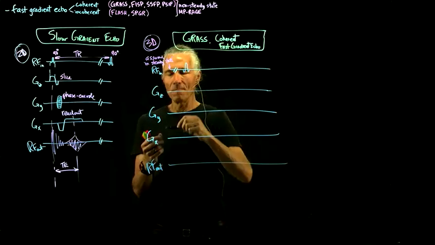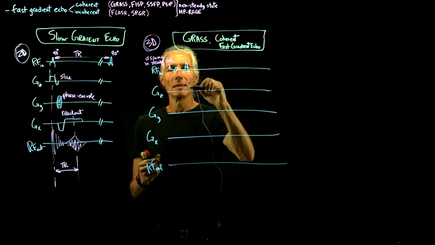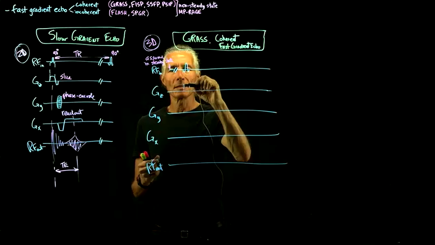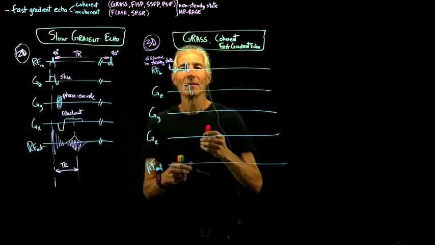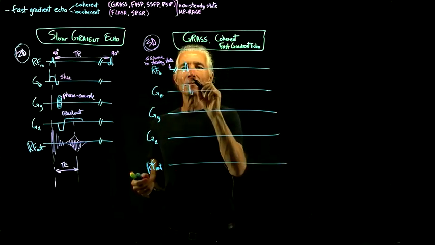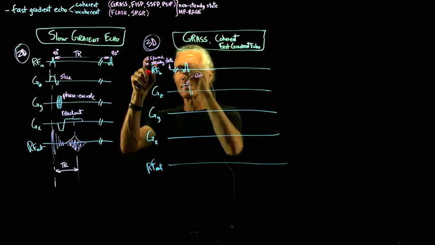Okay, so now we do something like select a slice or a slab. This would be slab select, because we're doing 3D.